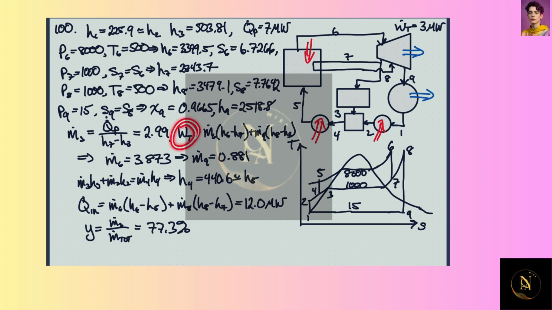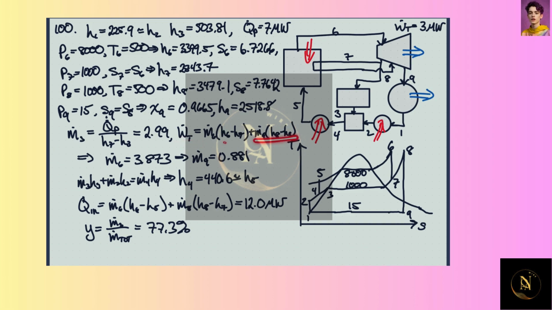Now the power generated by the turbine, we know that it is m6 times the change in enthalpy from 6 to 7, plus m9, or m8, same thing, times the enthalpy change from 8 to 9. So we know what we want from that.